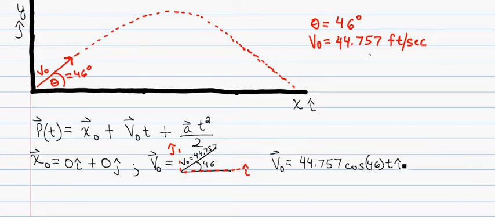That's how much would contribute in the i direction. Now let's think about this the same way for the j direction. It would be the same thing, 44.757, that hypotenuse or initial velocity, times the sine of the angle, times t, times that j unit vector.